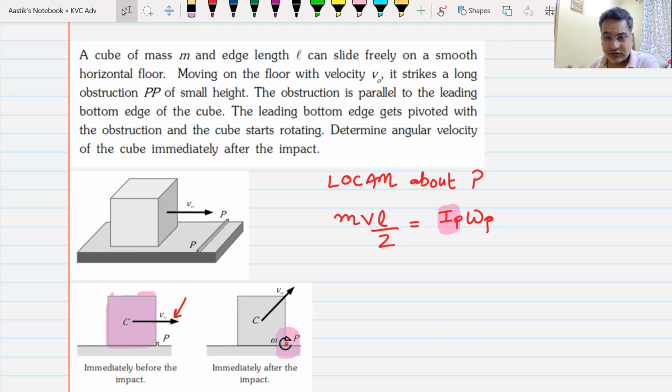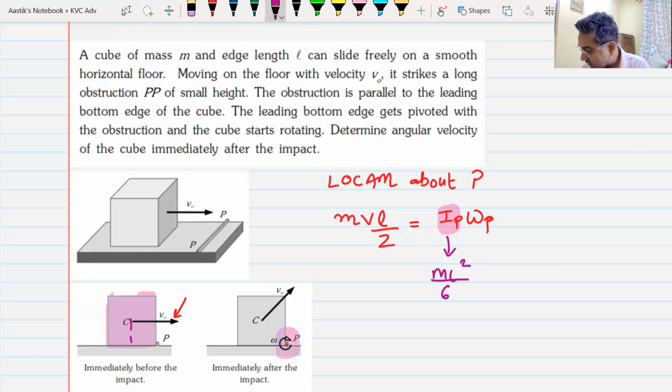Initial angular momentum, final angular momentum, and you are done. Initial angular momentum is so simple. Final angular momentum is also simple if you understand how to find the moment of inertia of the cube about this edge. That's it. So what is the moment of inertia coming as? About this central axis, it is mL square by 6. Yes or no? Yes, sir.